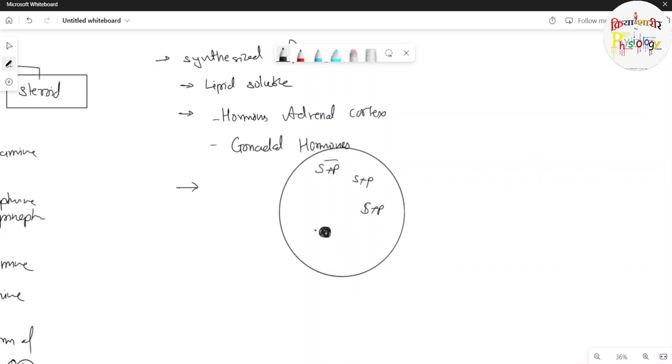So this steroidal hormone is not stored in the form of secretory granules. When this cell gets stimulated, this complex gets unpaired, meaning the steroidal hormone becomes separate, the protein becomes separate, and the steroidal hormone is secreted outside the cell by diffusion.